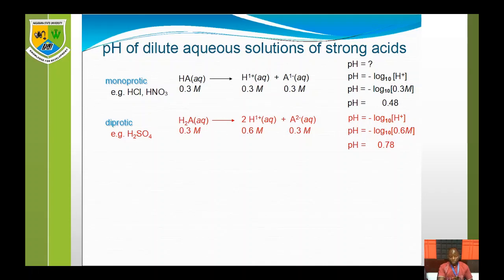So you are going to multiply the concentration of the acid by 2. In this case, 0.3 times 2 will be 0.6.